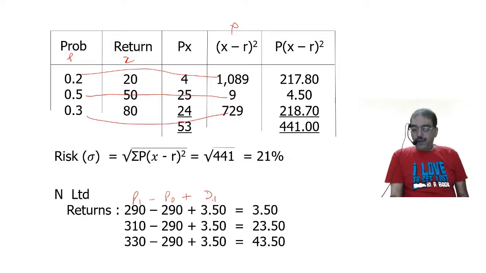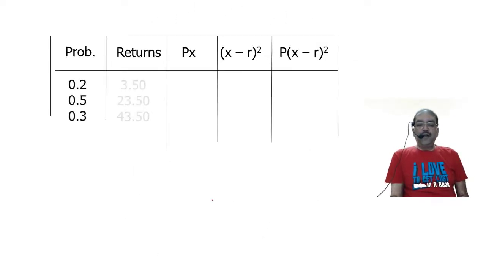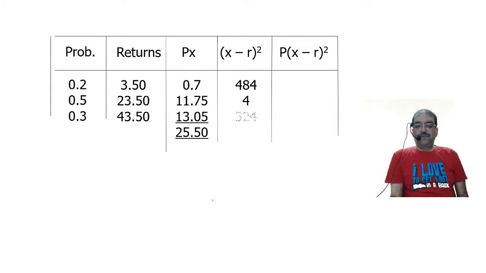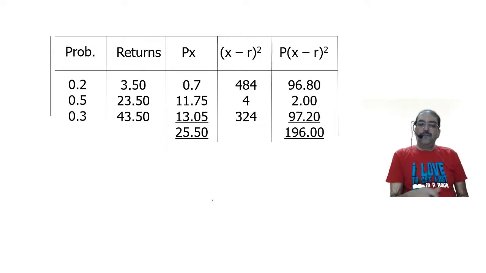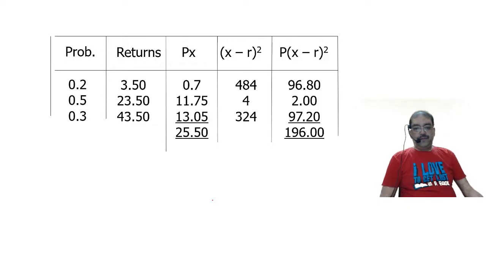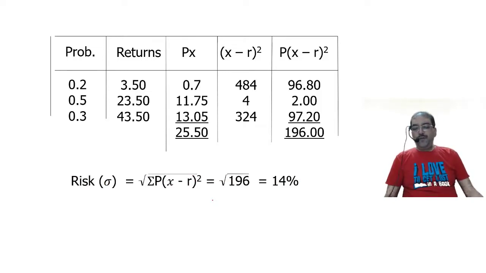Now in the same way you will prepare the table: probability, returns, product, x minus r the whole square, p into x minus r the whole square. So the risk is 14%. Then we got the risk as 21%.